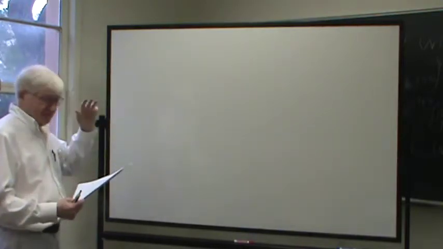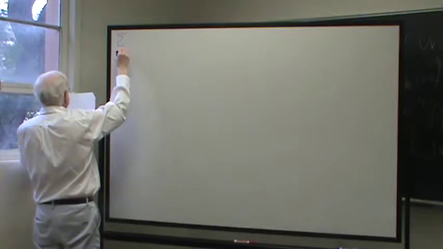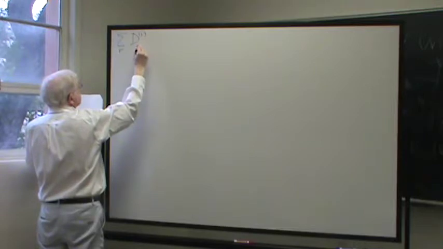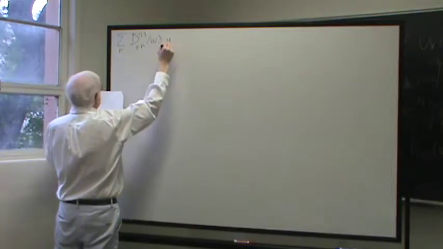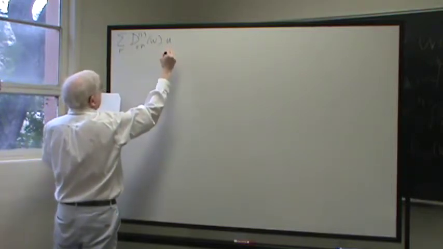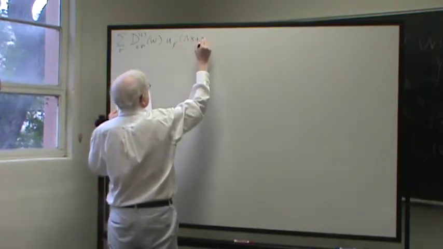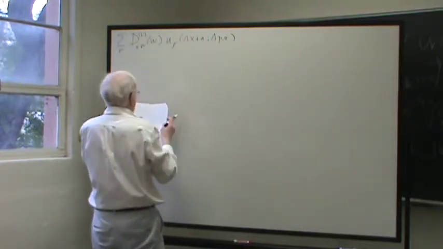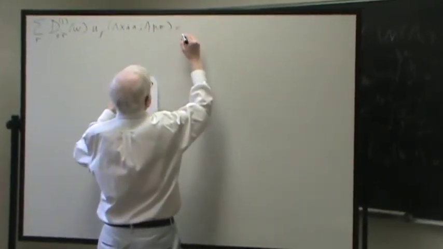And so we multiply both sides by this D^j of W. What we have here then is sum on σ of D^j_{σ\bar{σ}}(W) u_{l'}(λ(x+a); λp, σ). And this will be acting on that right-hand side, which is huge.